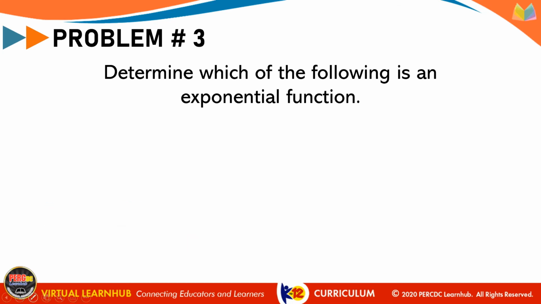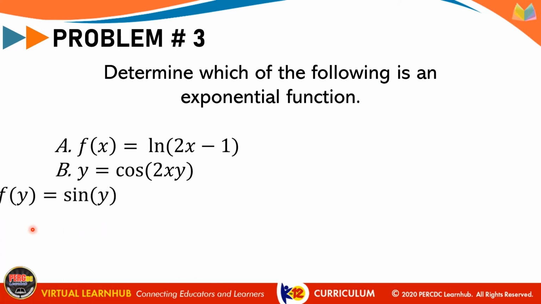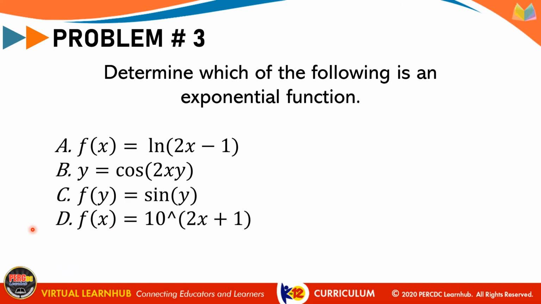Let's go to problem number 3. Which of the following is an exponential function? A. F of x equals ln of 2x minus 1. B. Y equals cosine 2xy. C. F of y equals sin y. D. F of x equals 10 raised to 2x plus 1.